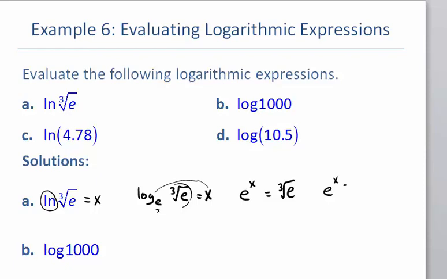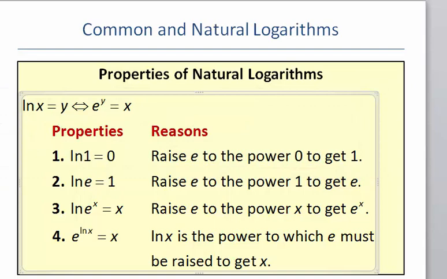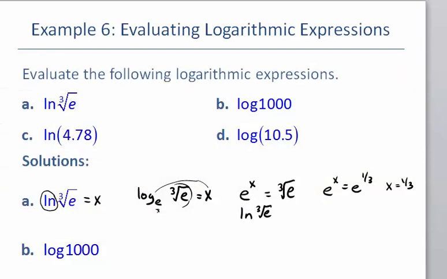Remember that that is the 1/3 power. So we have e to the x is equal to e to the 1/3. Therefore, x has to equal 1/3. All right, so you can conclude then that the natural log of the cubed root of e is 1/3.